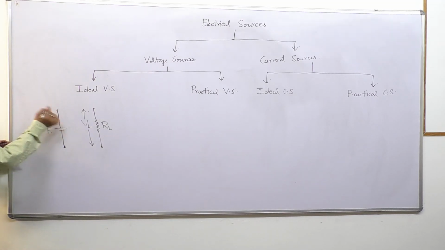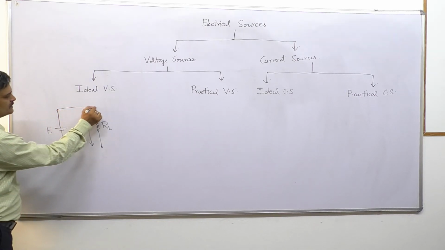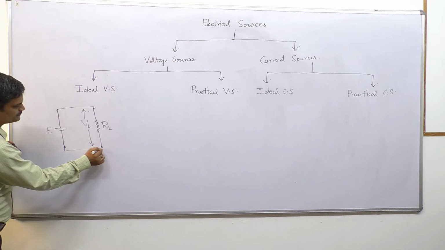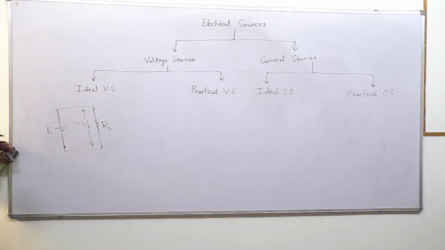So, if this is an ideal voltage source, then whenever it is connected to a load, the value of load voltage should always remain constant, as well as always remain equal to the value of source. Then we can say this source is an ideal voltage source.